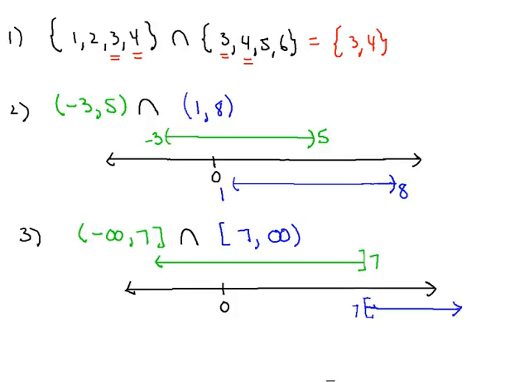The parentheses indicate that the endpoints are not included, so everything between -3 and 5, but not including -3 and 5. Our second set consists of all the elements between 1 and 8, but not including 1 and 8. Each of those sets is graphed below, the first in green above the number line and the second in blue below the number line.